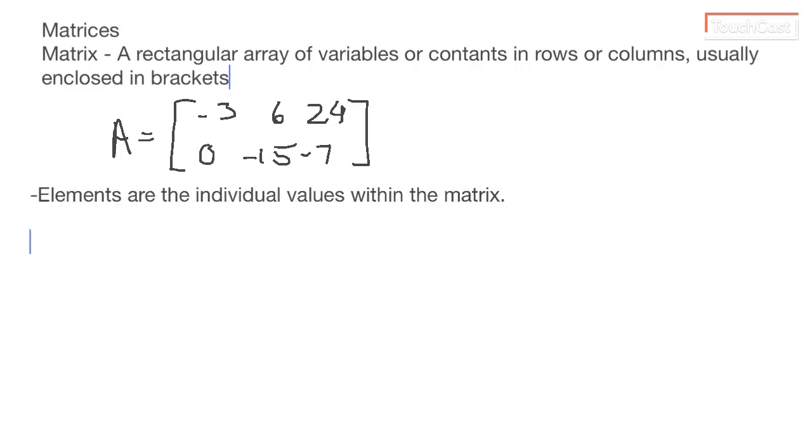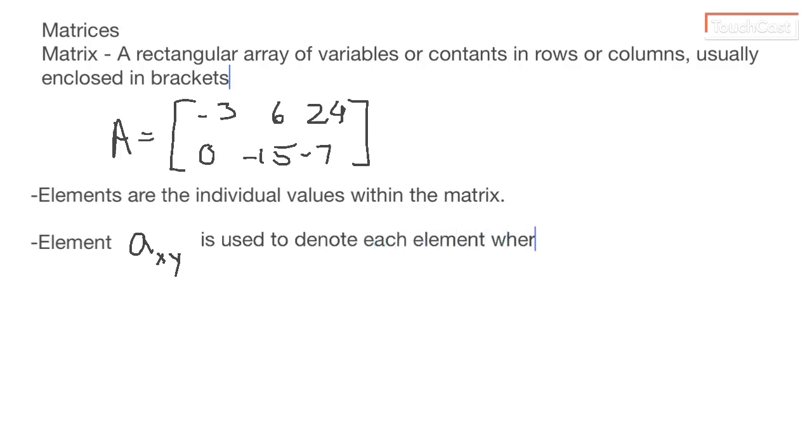We also say that element A with a subscript X and Y is used to denote each element, where X is the row number and Y is the column number.